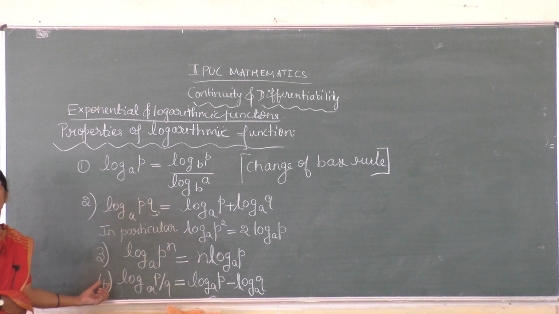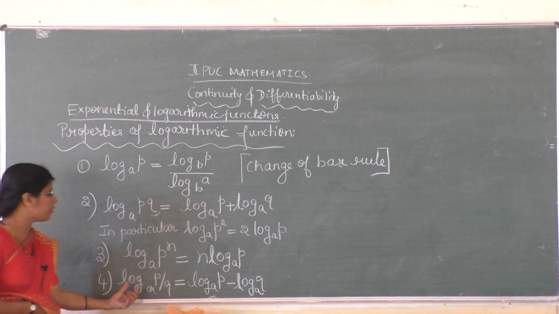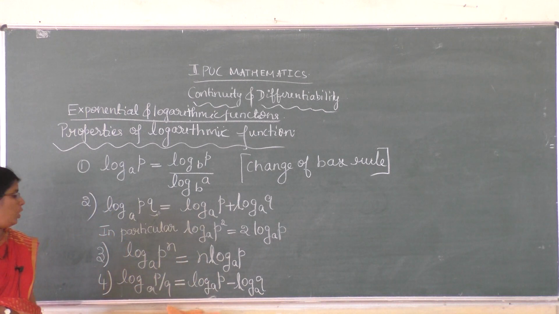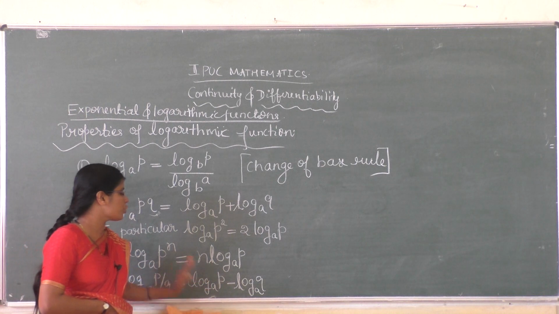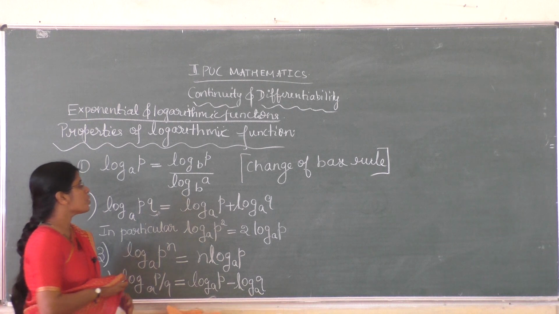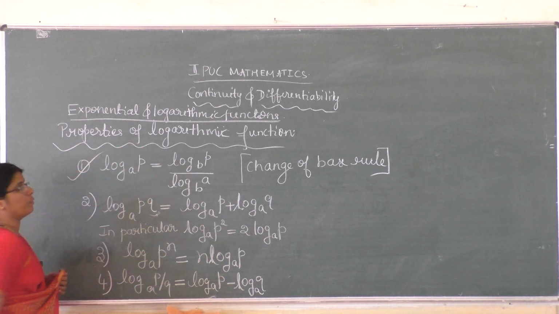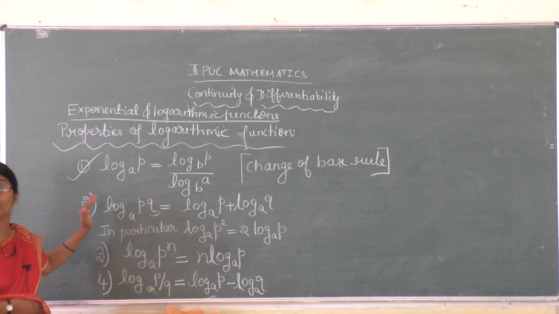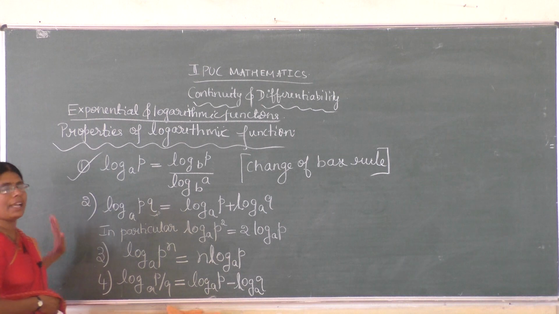That is, the logarithm of a quotient of two functions can be taken as the difference of logarithms. We will give the proof of one of these, and the other three you solve at home. You take it as an exercise and prove it at home.